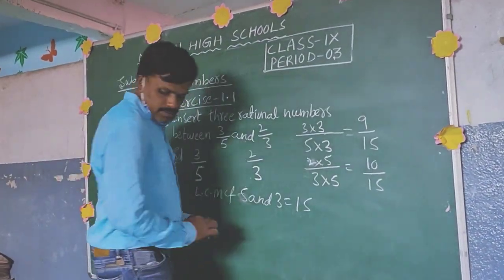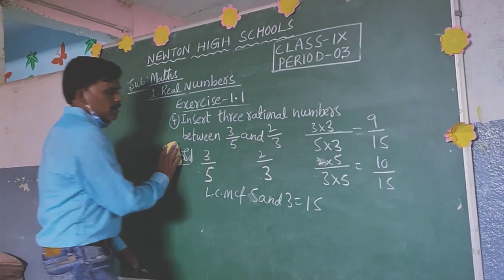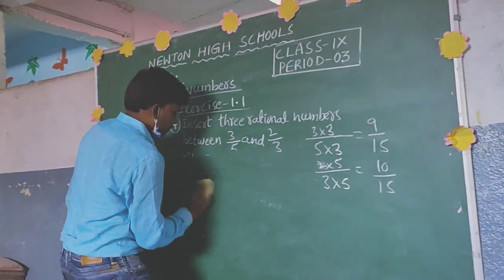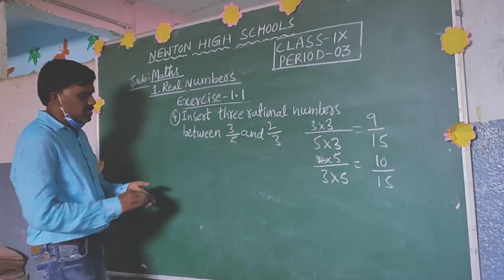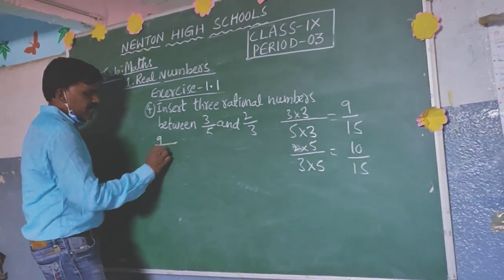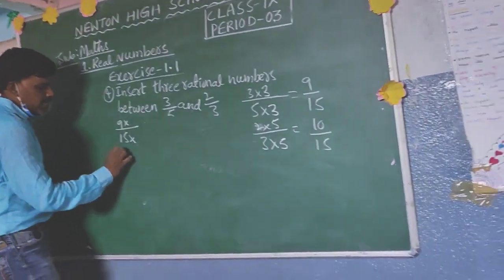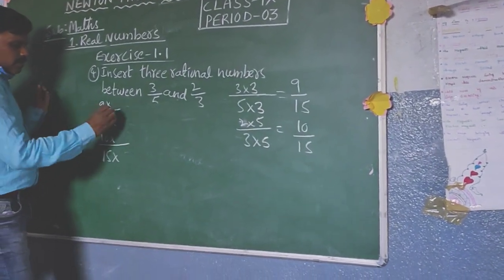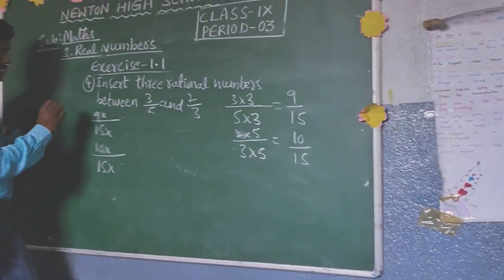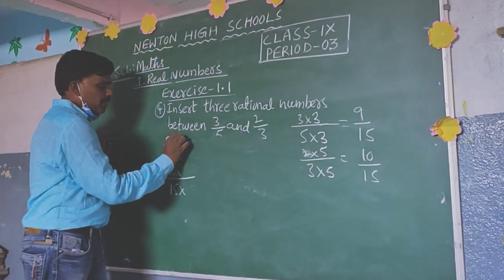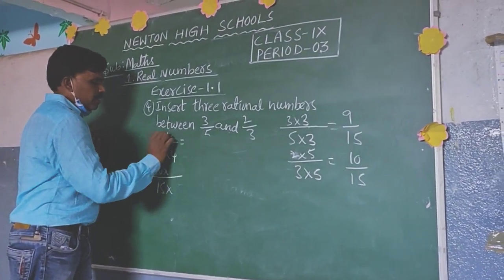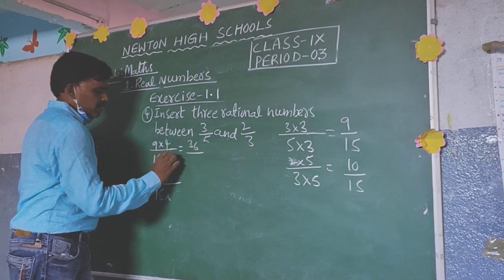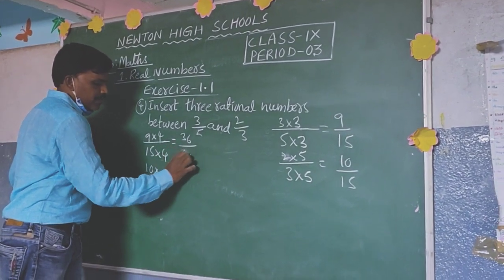So again, we have to multiply both the fractions, 9 by 15 as well as 10 by 15. For example, to get 60, we have to multiply by 4. 9 4s are 36, 15 4s are 60.